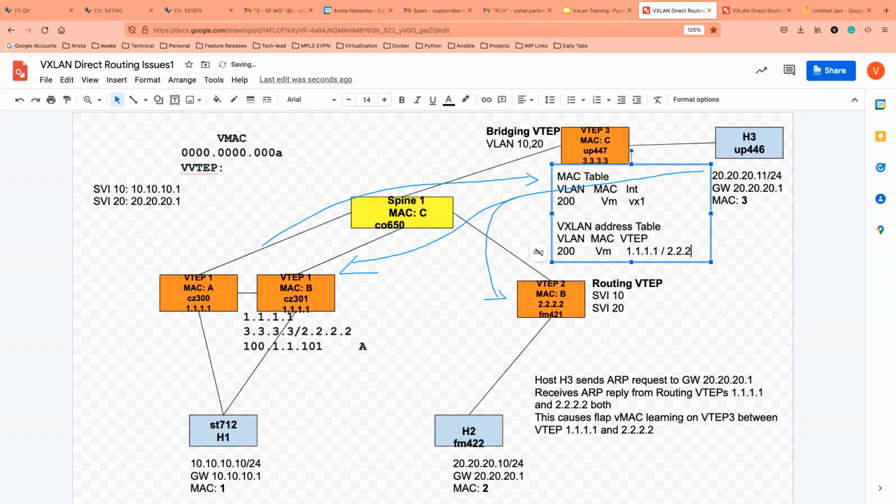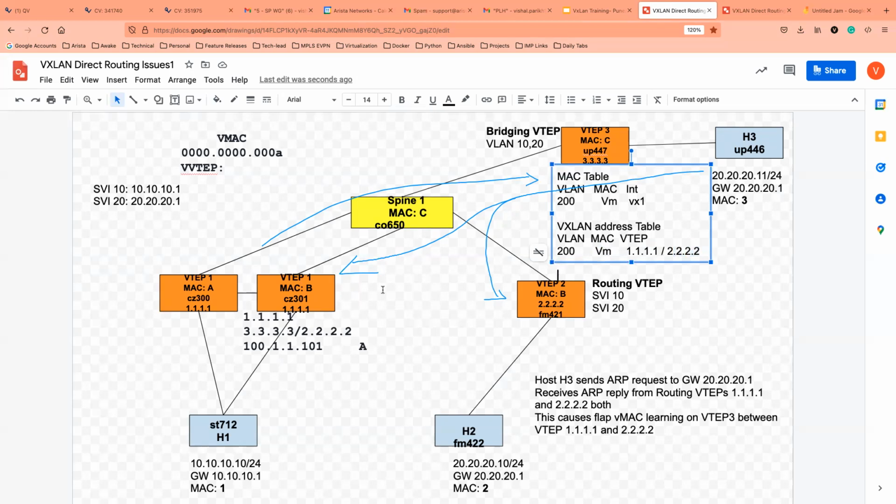So basically what we will see is that this is changing. Virtual MAC initially was associated behind VTEP 1.1.1.1, but after some time, when the ARP reply is received from VTEP2, it will change to 2.2.2.2.